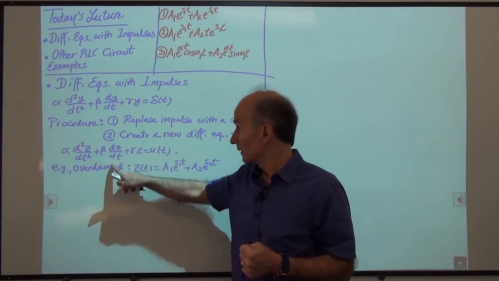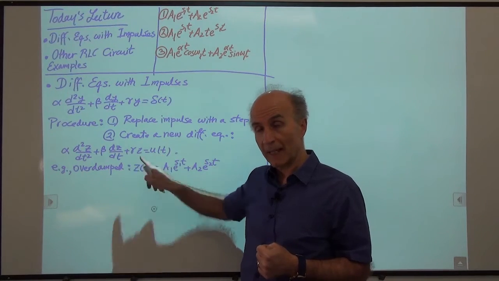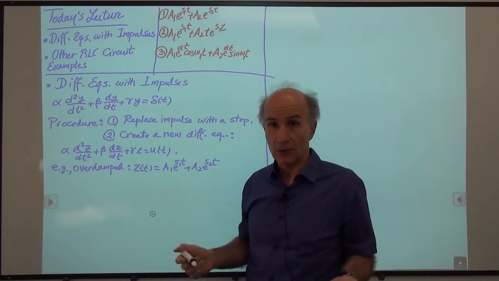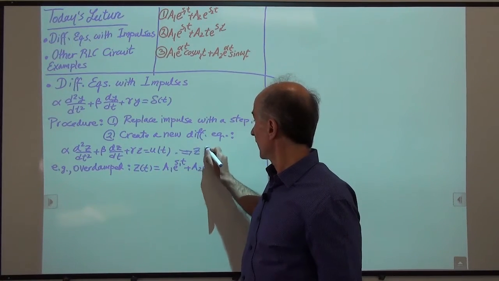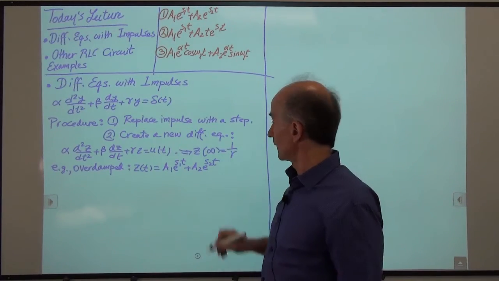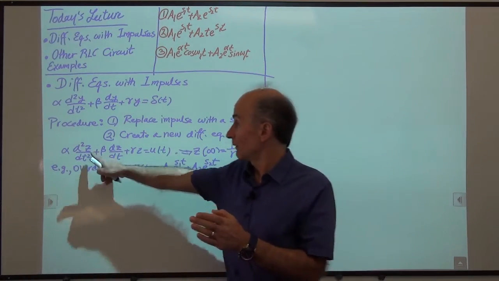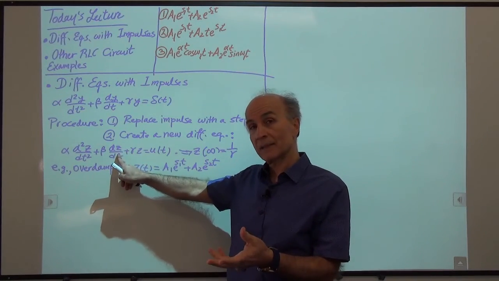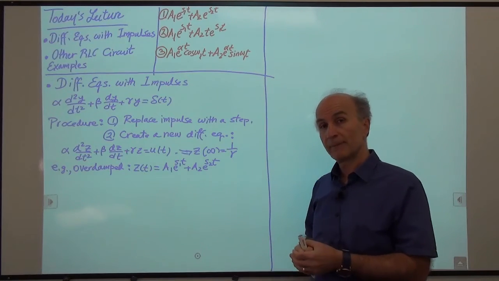This derivative is 0. So z is equal to 1 divided by gamma. And that's not 0, right? So what we know is that z at time infinity is equal to 1 over gamma. At time infinity, this side is just 1. These two derivatives are 0 because z is constant. So z has to be 1 over gamma, and that's not 0.